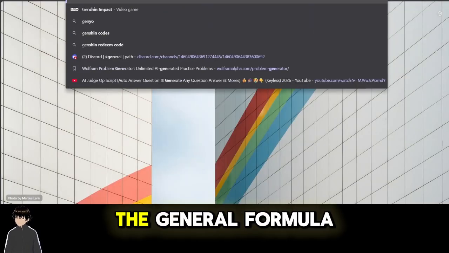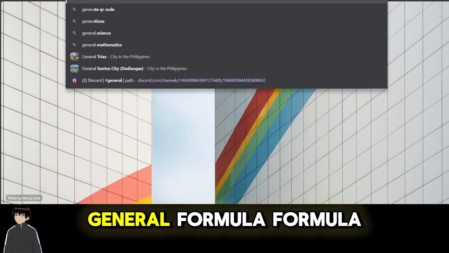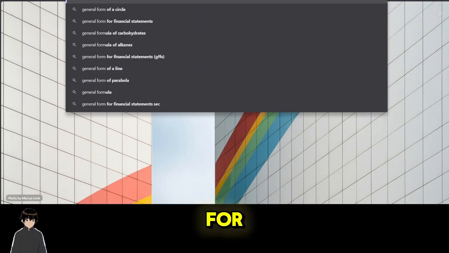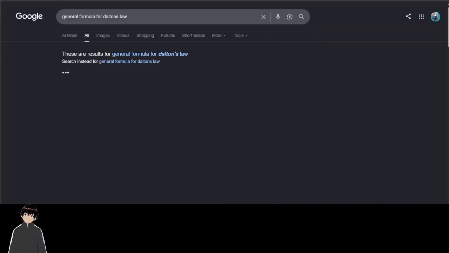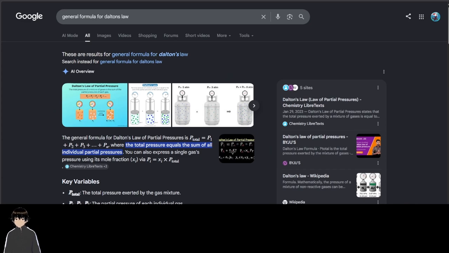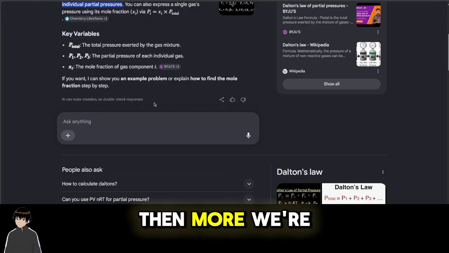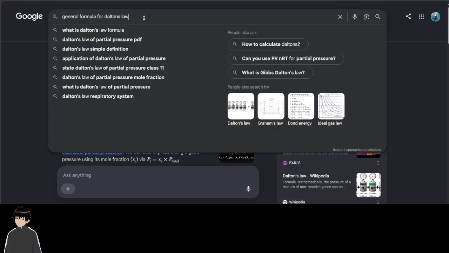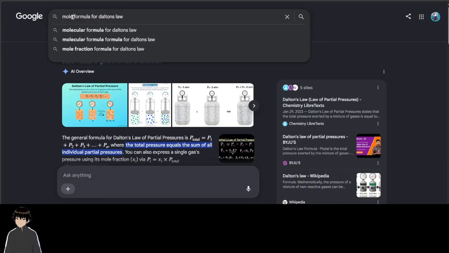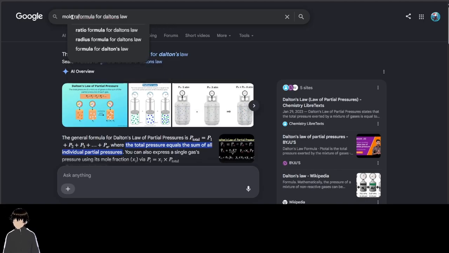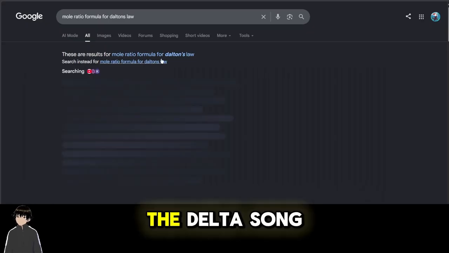So if we look at the general formula, then we're trying to look at mole ratios. The mole ratio formula for Dalton's law.